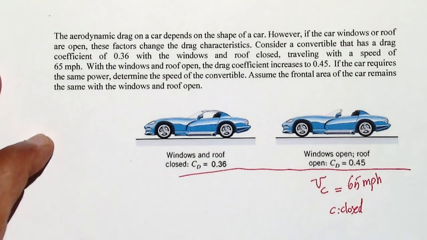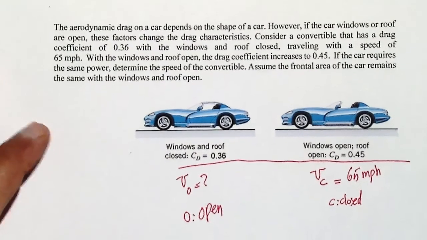It asks you to find the velocity of the car in the second one, when the power used by the car is the same. So it asks what the velocity is in the open one, and O means open. So what is constant here?